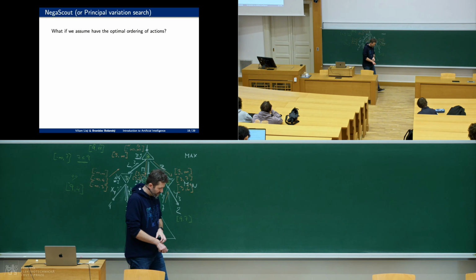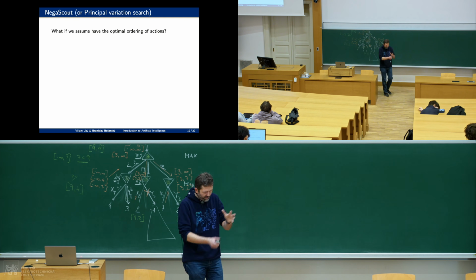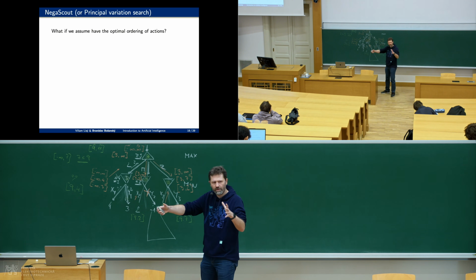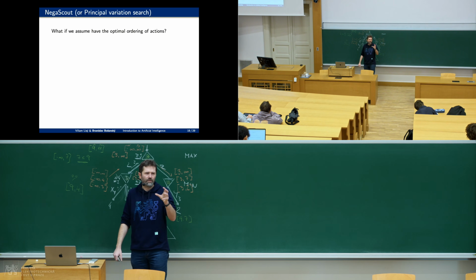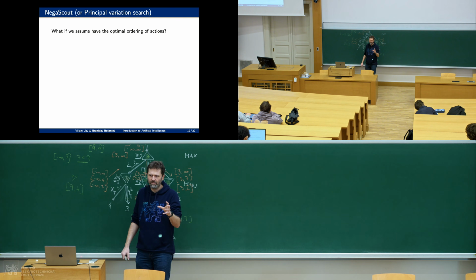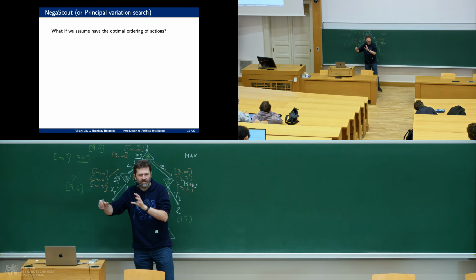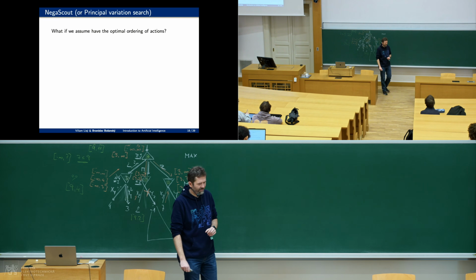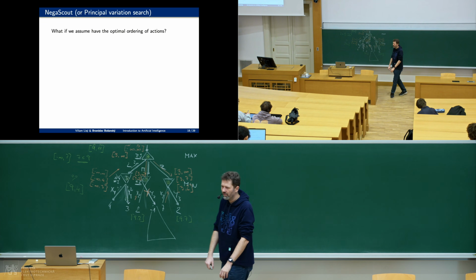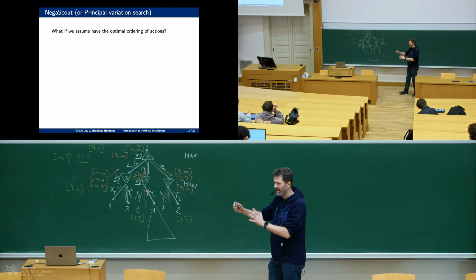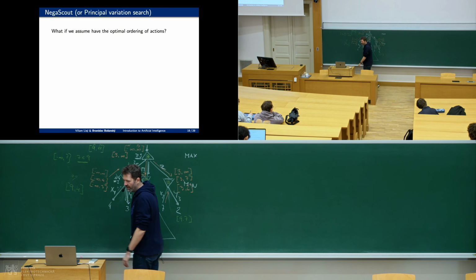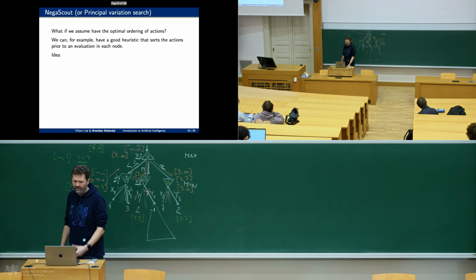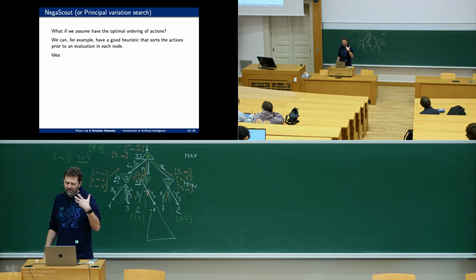So in this algorithm, we will really assume that I have some heuristic, some ordering of the actions, and I assume that my first action is actually the correct one, and all the other actions are less good and most likely don't contain the optimal solution. And how can we use this assumption in a search?